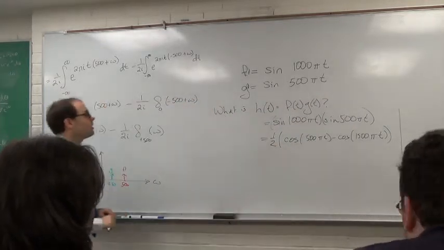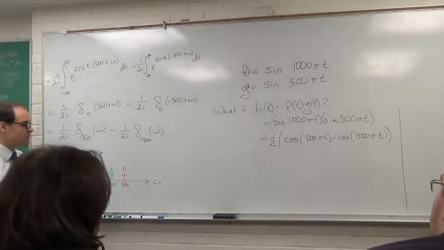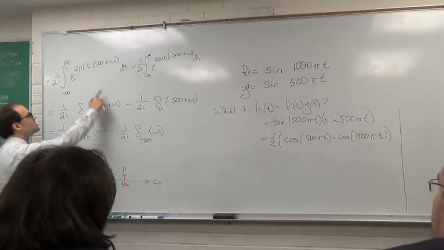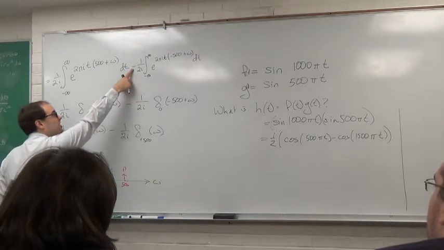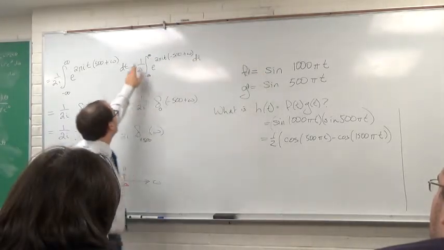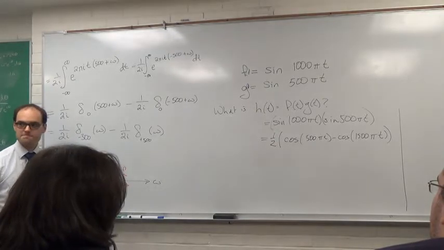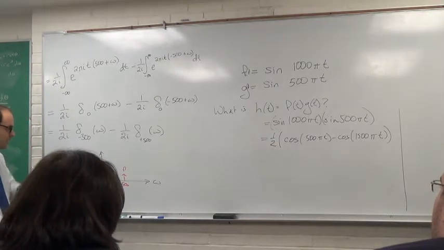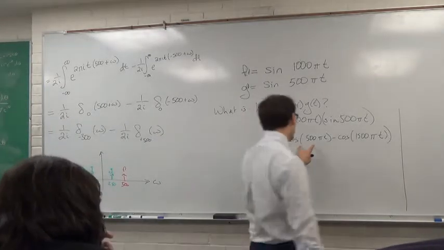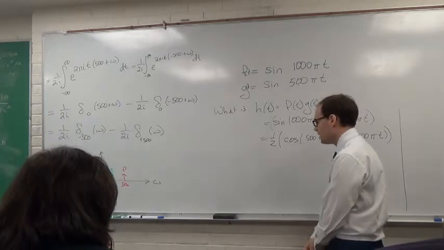So what is that? Well, that's some trig stuff, right? Now these sines and cosines, if I had switched this out and it said cosine here instead of sine, it would have put a plus here, plus here, plus here, which wouldn't have changed the magnitudes any. So it would still look like this. So what does this look like though? This is a sum of 500 pi t. What does the 500 pi t look like?